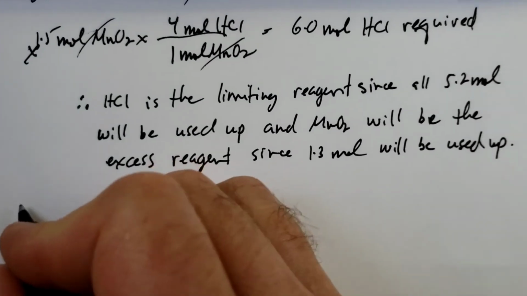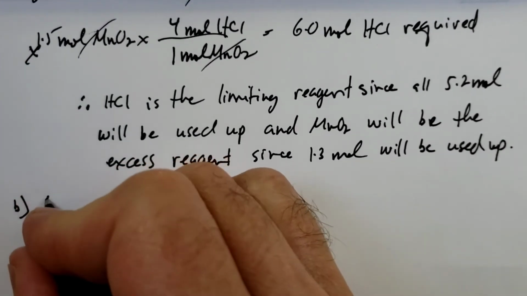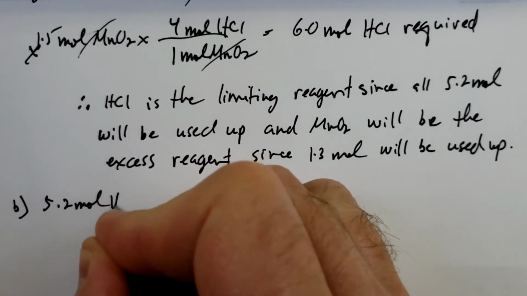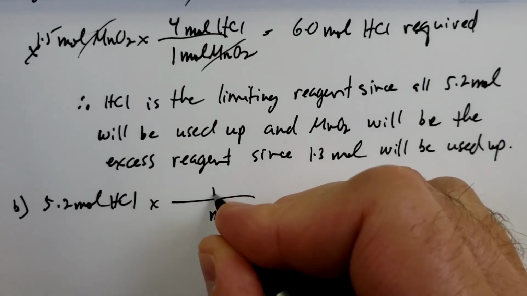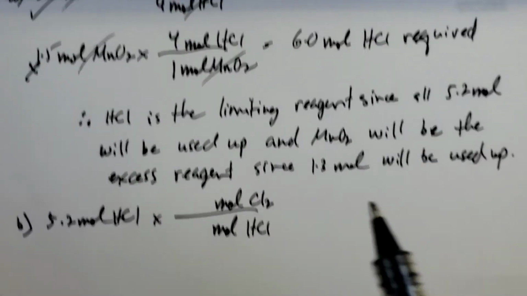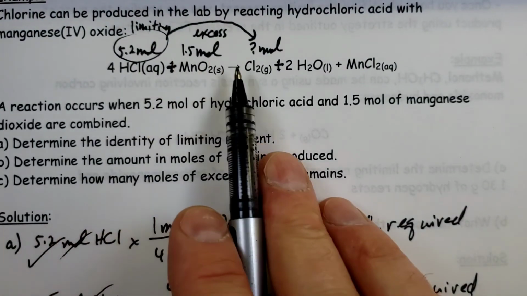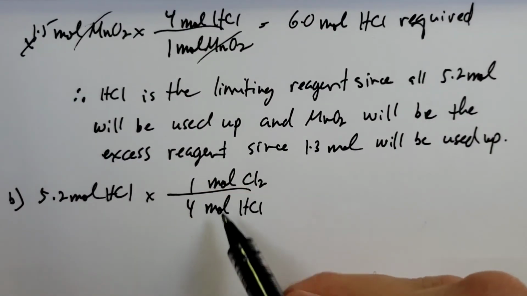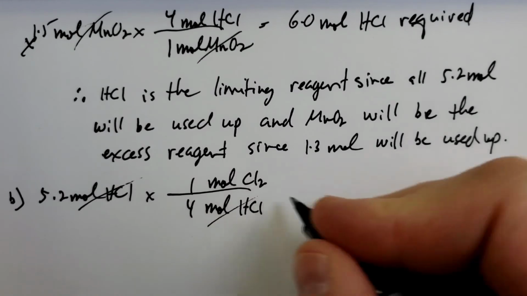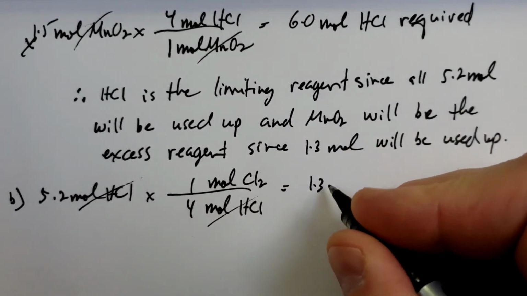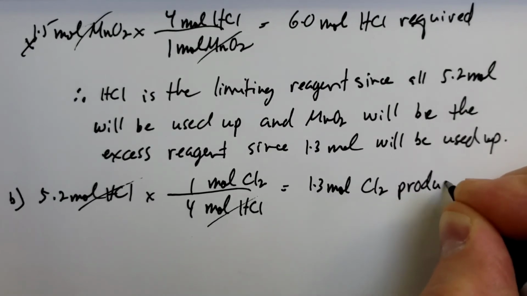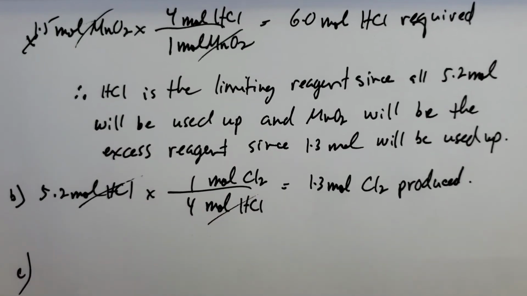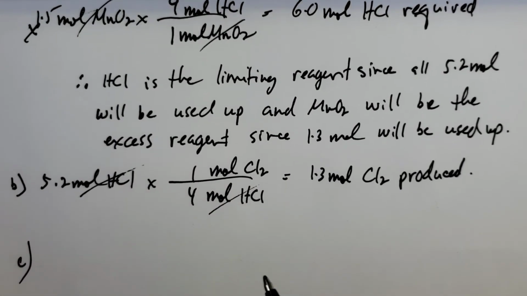So my 5.2 moles of HCl, and the ratio of moles of HCl to moles of Cl2, 4 to 1. So of course units cancel, and it works out to be the same number as the previous answer. 1.3 moles Cl2 produced.